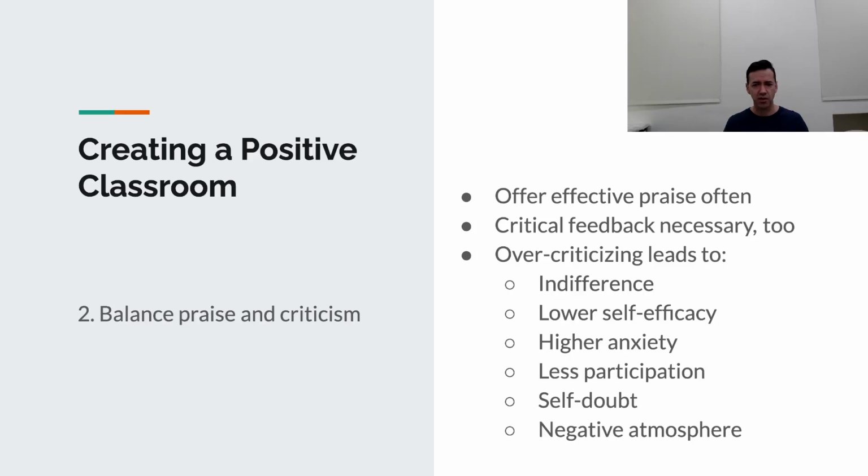So say something good, then give them the critical feedback on their mistakes, and then finish with something good again. That way the student doesn't feel bad at the very beginning, and they don't feel bad at the very end, and they realize, look, I did something good, okay, I did something bad, but I also did another thing good. That will actually help with their self-efficacy and their motivation as well.